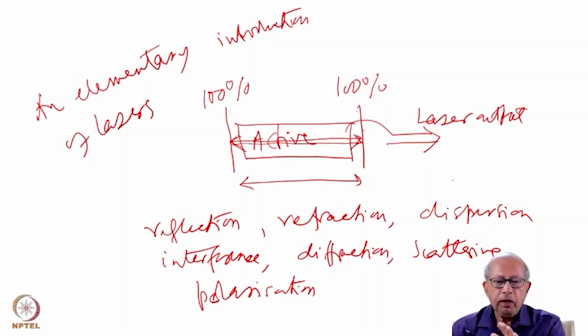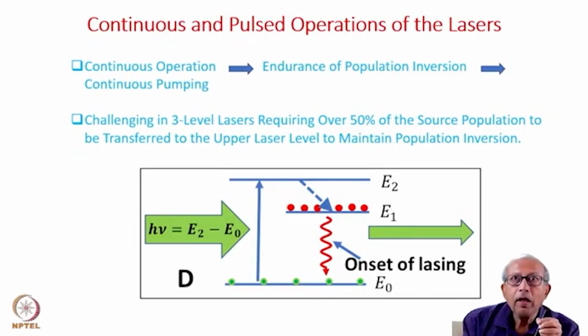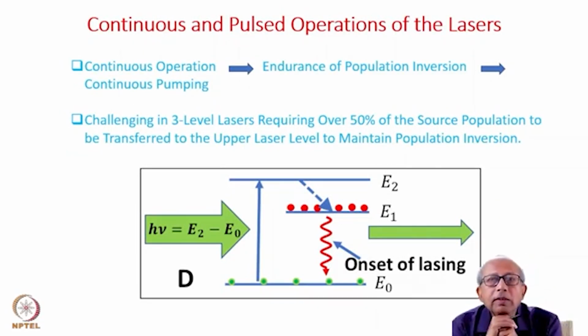However, before moving into specific laser systems, it is essential to gain an insight into continuous and pulsed operation of lasers. You see, the familiarity of humanity with continuous and pulsed sources of light, both natural as well as artificial, dates back to almost out of mind.